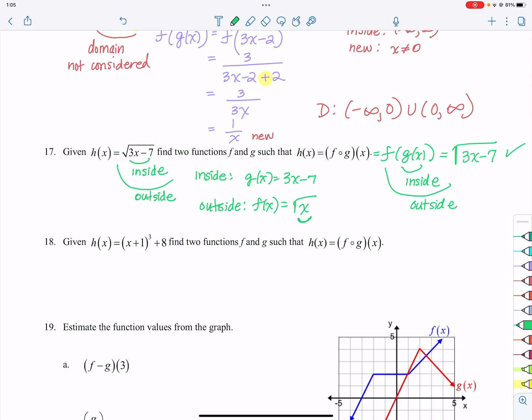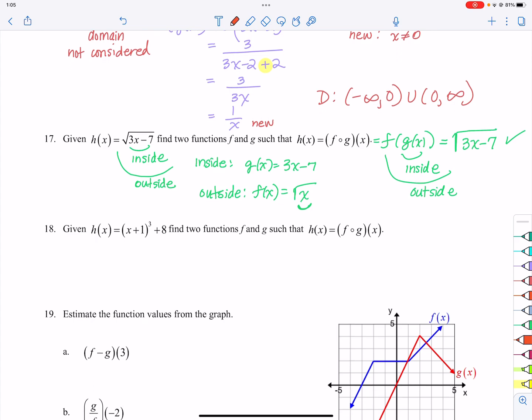Most students think these are kind of fun. So what do you notice? This is our inside function, and our inside function is going to be g of x, and our outside function is this cube plus 8.